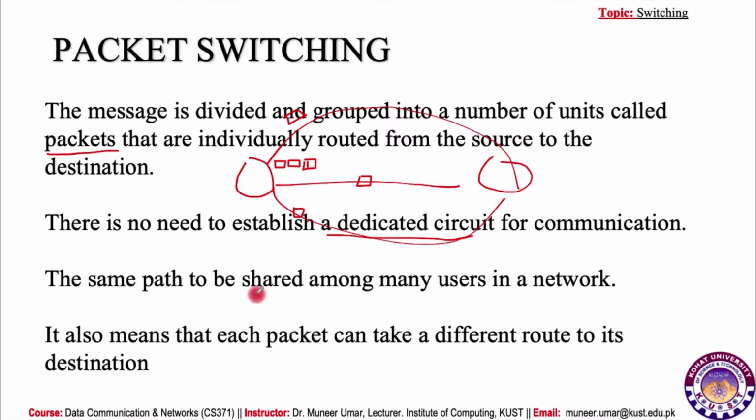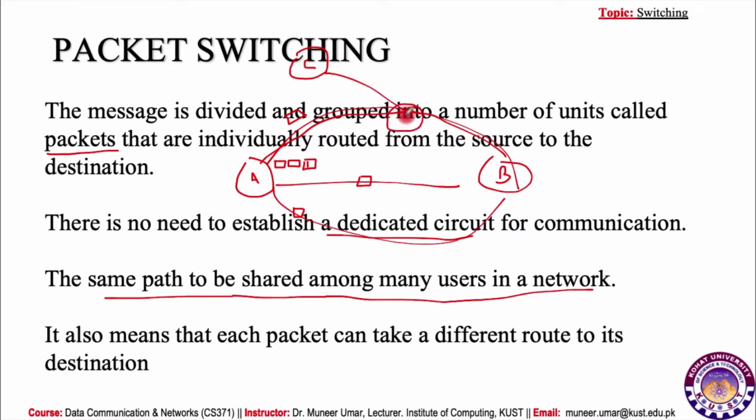If it is not dedicated, then this path can be shared among many users in the network. So if this path is used by A and B, then this path can also be used by any other device, let's say C.